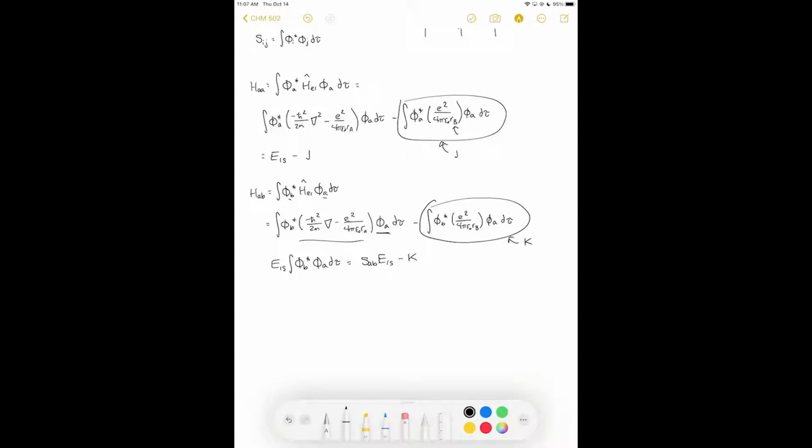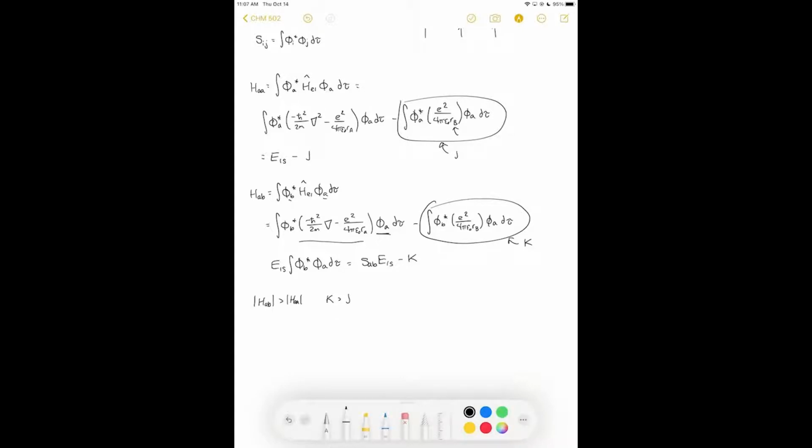Using programs like Gaussian, we can show that both the HAA and HAB integrals have negative values, and that the magnitude of HAB is greater than the magnitude of HAA, which means that K, the exchange integral, is greater than J, the Coulomb integral.